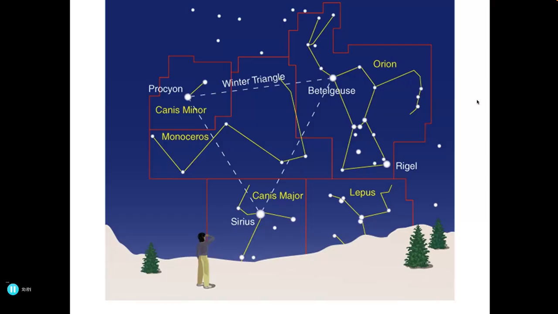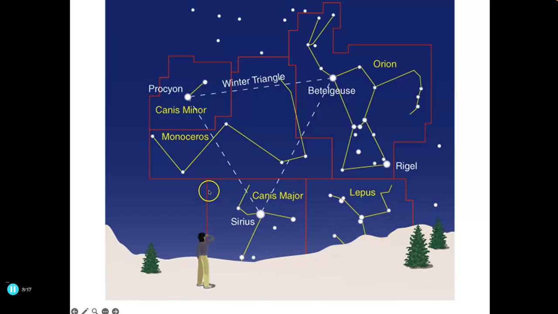So, in order to map out the night sky, astronomers have basically taken the entire sky and drawn a bunch of lines, like these red lines here. They drew a bunch of lines that said, okay, this is the border of one constellation, right? This red line here is the border of the constellation Orion. Here's the border of the constellation Lepus.